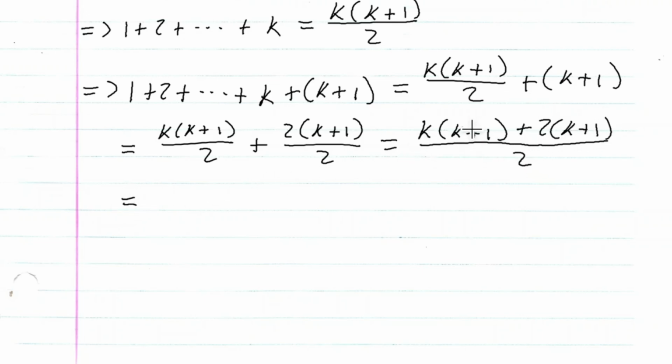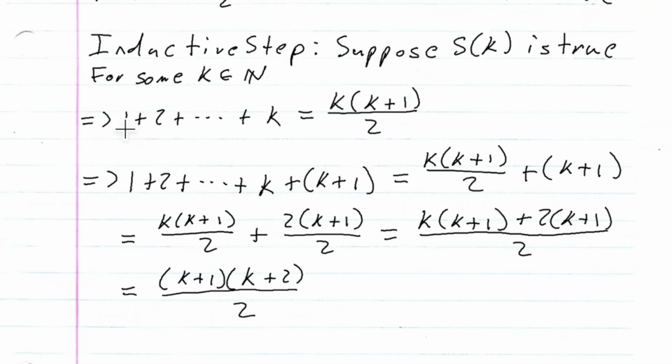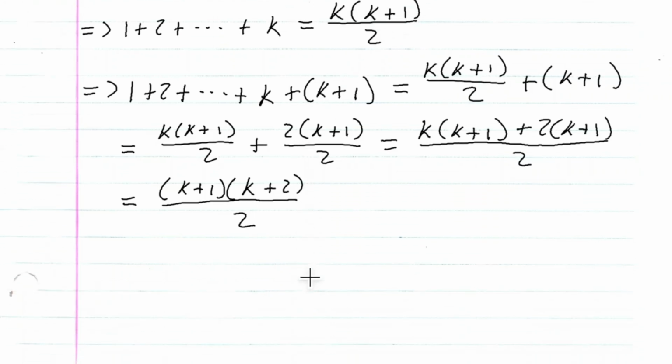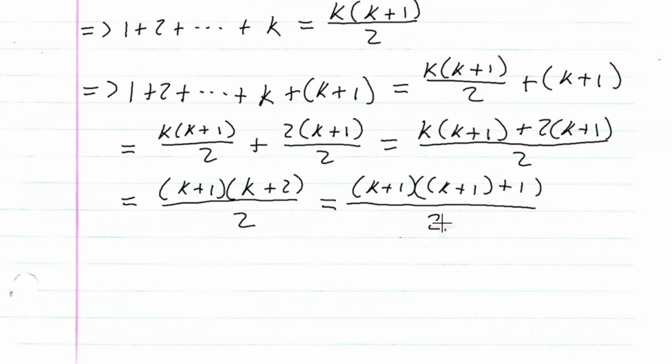Since both of these terms in the numerator have a common factor of k plus 1, I can factor out the k plus 1, and I'd be left with k plus 2. And remember, what I want to do is show that 1 plus 2 plus dot dot dot plus k plus 1 is equal to k plus 1 times k plus 1 plus 1 over 2. And that's literally what I have. I can rewrite this as k plus 1 times k plus 1 plus 1 all over 2.